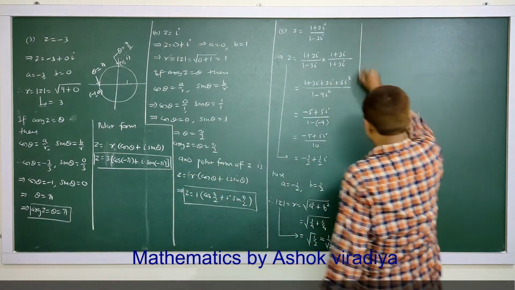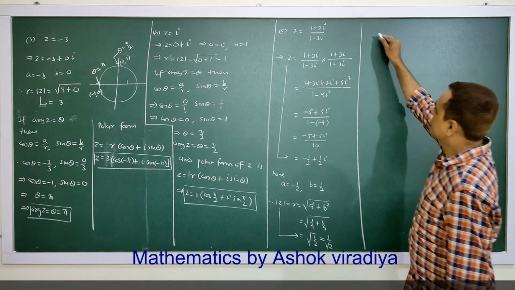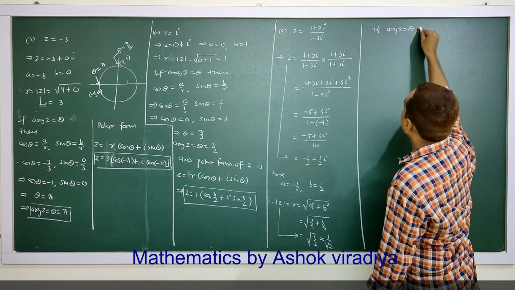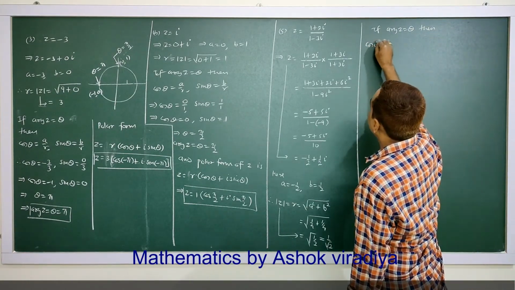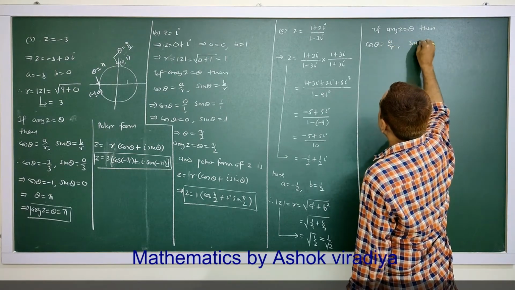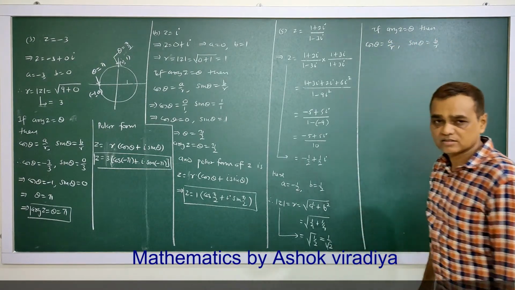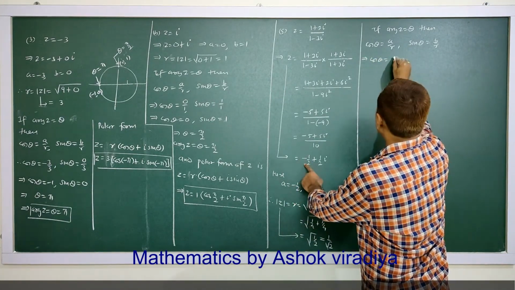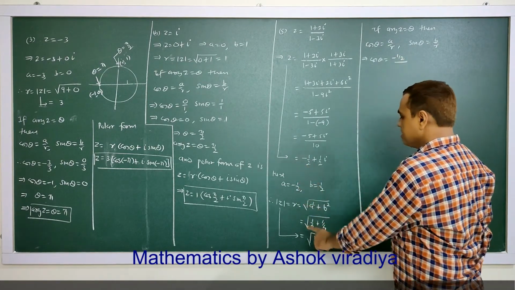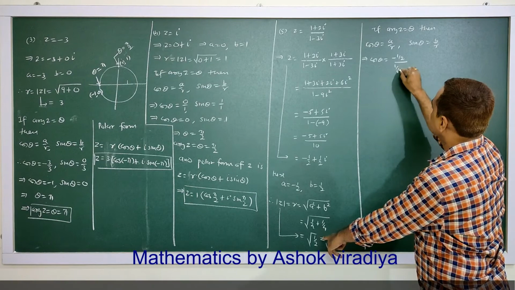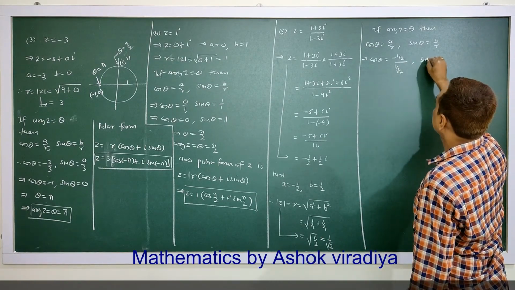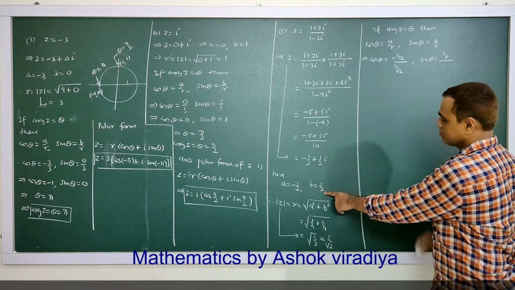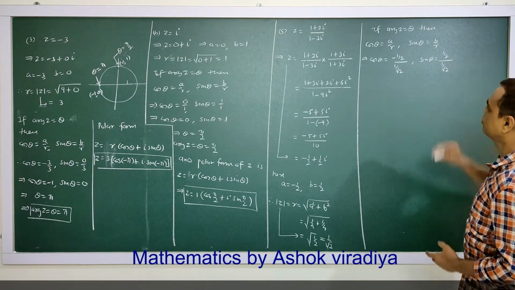Now, if the argument of z is theta, then theta can be found by cos theta is a by r, sin theta is b by r. So cos theta, a is minus half, r is 1 by root 2. Sin theta, b is 1 by 2, r is 1 by root 2.